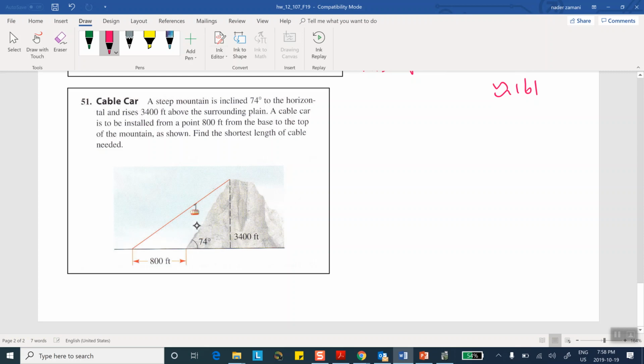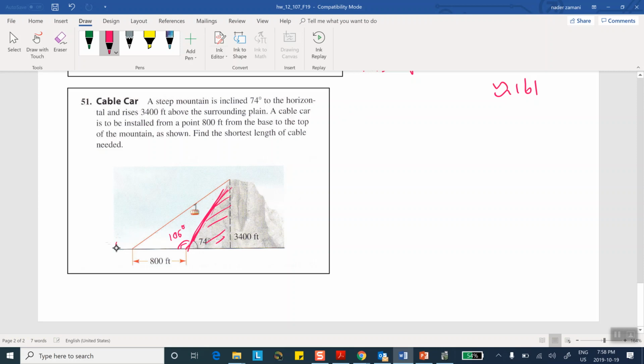We have this angle, and these have to add up to 180, so that's going to be 106 degrees. And this length we know, because in that right triangle, this is the hypotenuse.